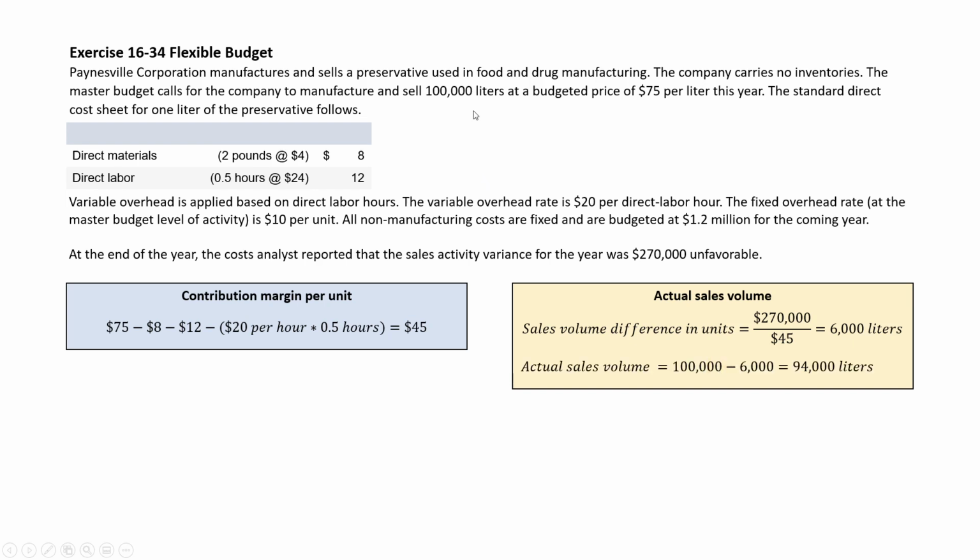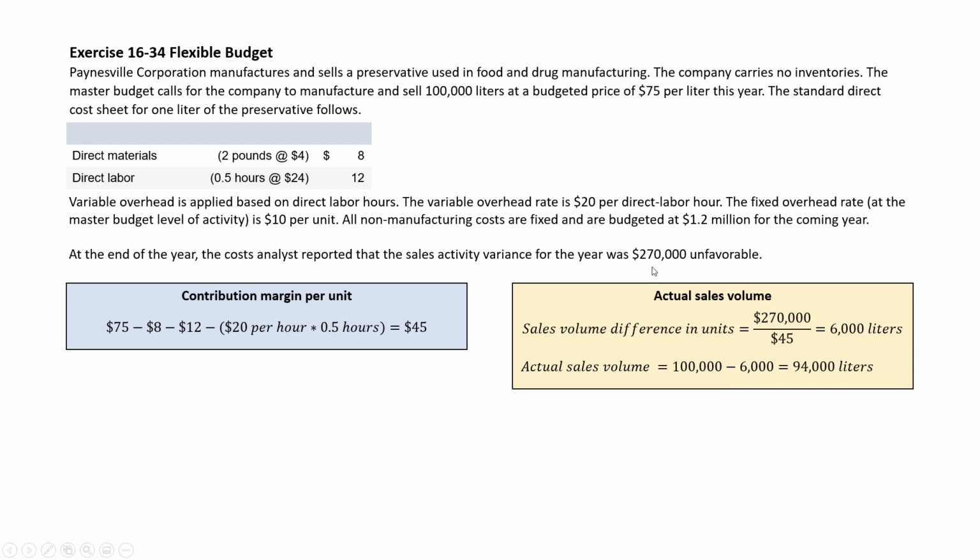Because we're talking about an unfavorable sales activity variance, our actual activity must have been less than the original plan. So we'll take the 100,000 minus the 6,000 liters, and our actual activity that we need to use for the flexible budget must be 94,000 liters.